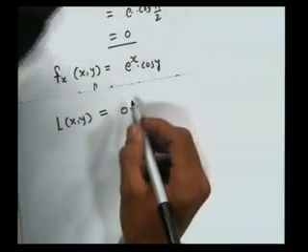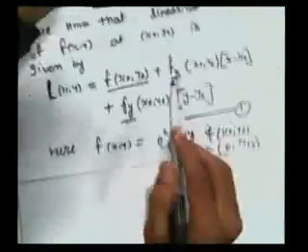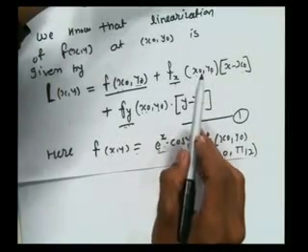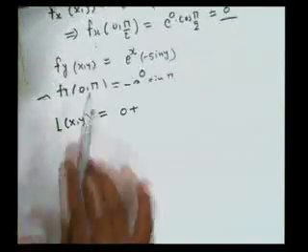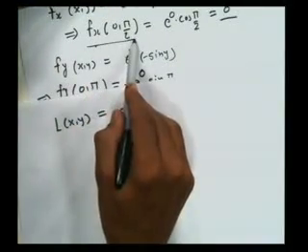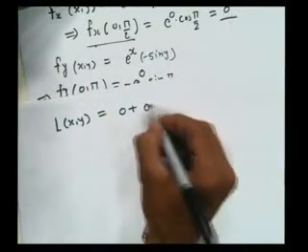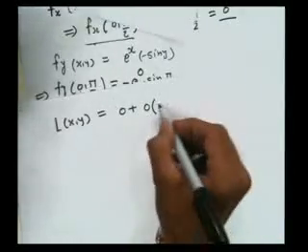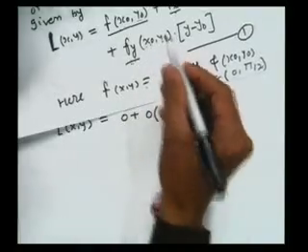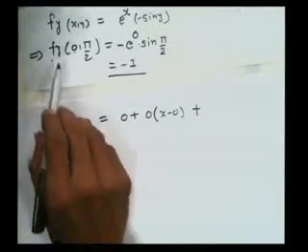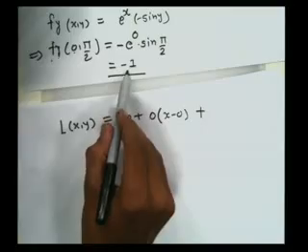Next, fx at x0 comma y0 is 0. So this term is 0 into x minus x0, that means x minus 0, plus fy at x0 comma y0, that is fy at 0 comma pi by 2, which is minus 1.